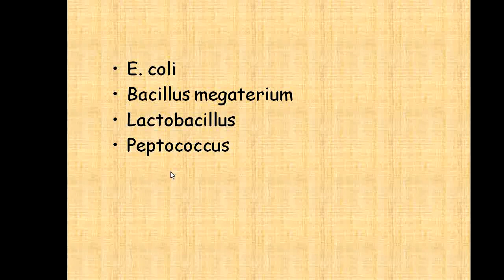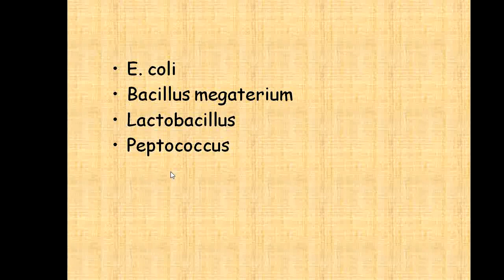which are also present inside foods. For example, milk also contains Lactobacillus, and Bacillus megatherium is present in large amounts inside honey. Honey consists of a large number of Bacillus megatherium bacteria.